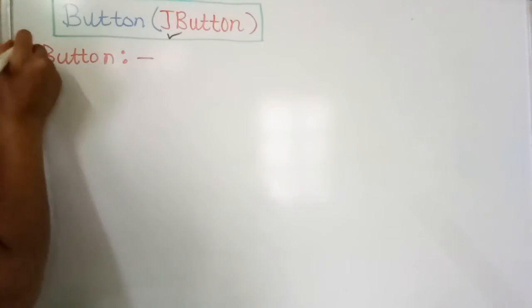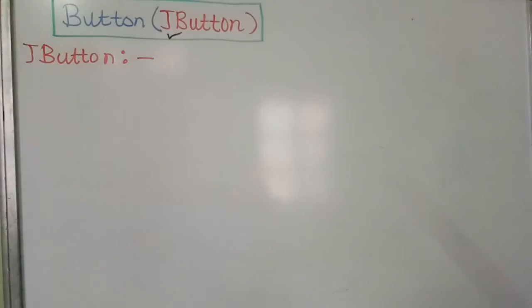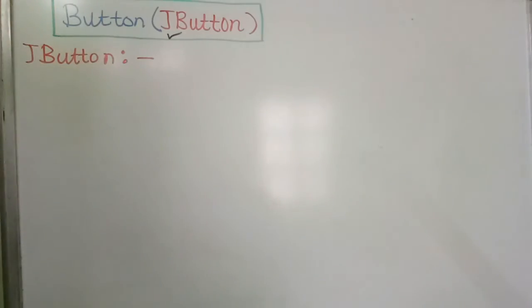So it is a JButton. Now, the button feature provided by Swing is totally different from the button facility provided by AWT. How is it different? Listen carefully. AWT cannot have icons with a button, but a Swing button can be associated with icons.